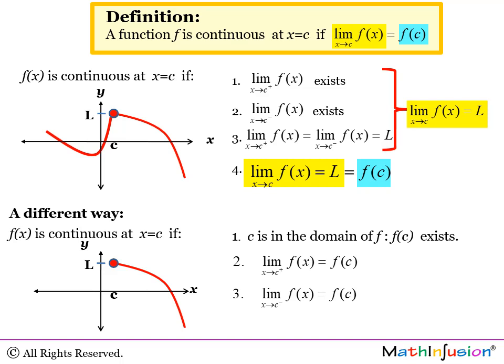It means that also the limit from the left side of c exists. And obviously if you put this together, you get again the main issue here that the limit of the function when x approaches c equals f of c.